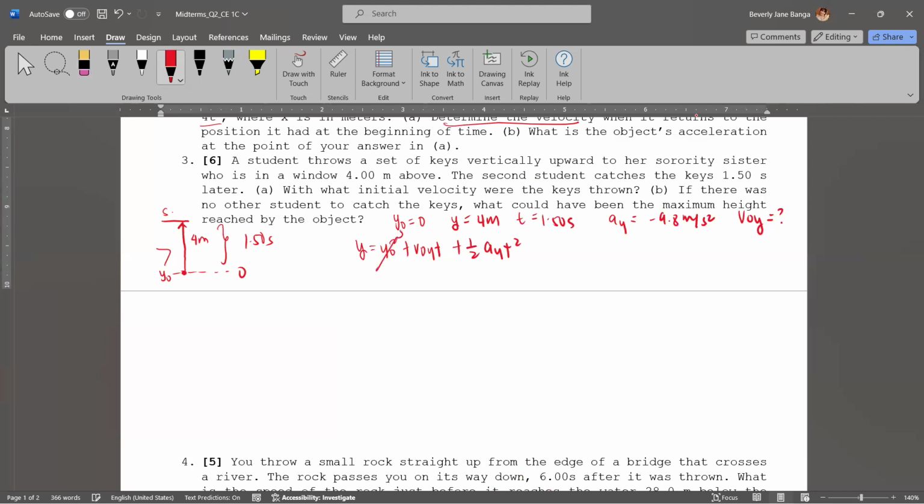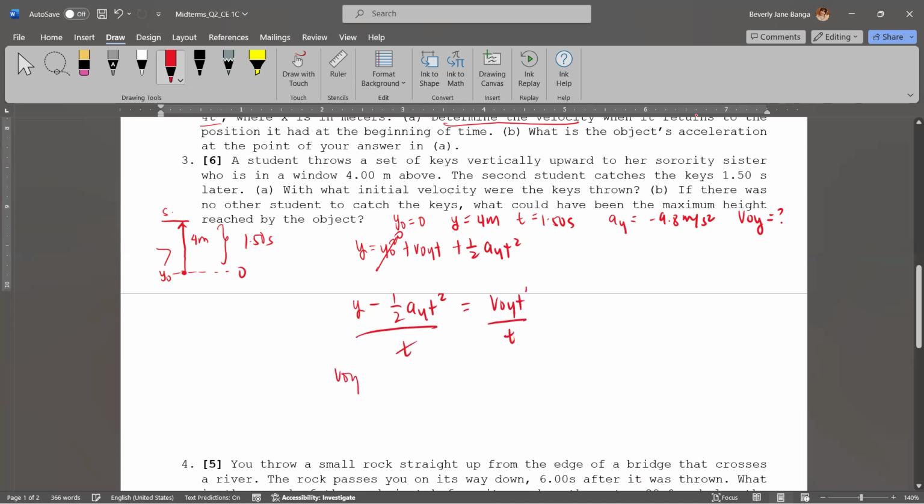So, dito y naught is 0, VOY is what we're looking for. So, we basically have y minus 1 half AYT squared is equal to VOYT. Then we divide both sides by t. So, you have VOY is basically 4 minus 1 half times negative 9.8 times 1.5 squared, over 1.5.